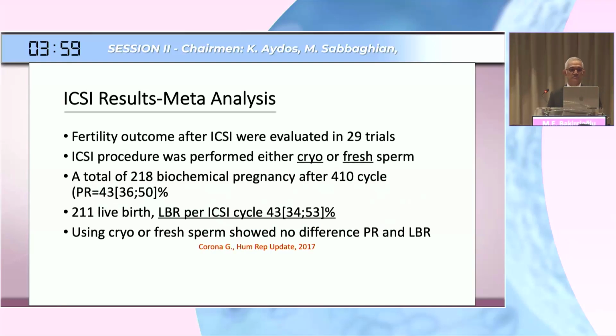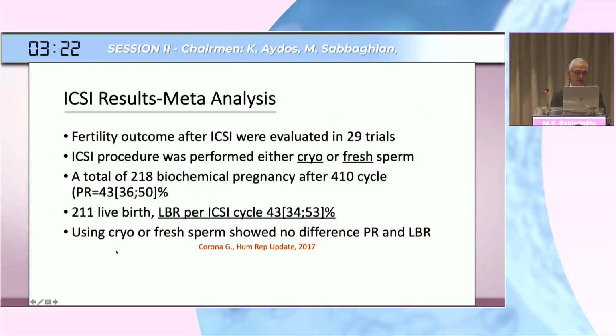When we check the ICSI results and look at the meta-analysis, the fertility after ICSI was evaluated in the Klinefelter group with 39 trials, and the ICSI procedure was performed with cryo and or fresh sperm, and they found a total of 218 biochemical pregnancies after 410 cycles, which is 43%, and 211 live births, with a live birth rate of 43%.